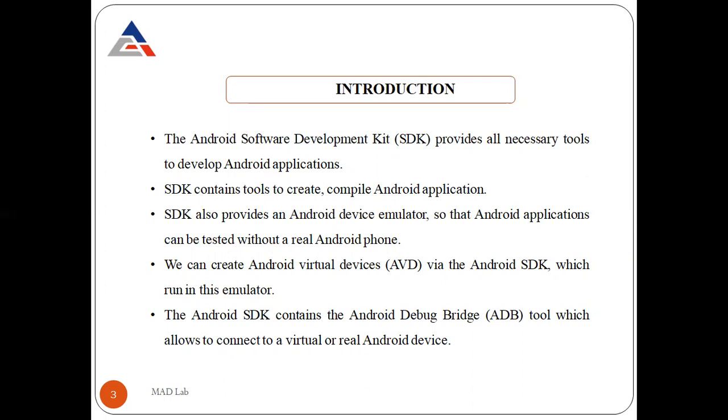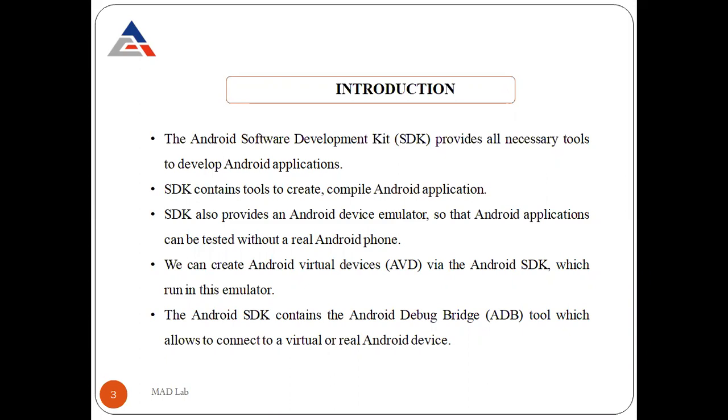So if we are designing a mobile application, definitely we have to run that application on a mobile phone. So instead of connecting your mobile phone with the computer or with your laptop, we use the emulators. Emulator acts as a virtual mobile: whenever you design, it displays and gives the output on a similar device such as a mobile phone, the same shape of the mobile phone appears on screen, and it gives the output that definitely looks like the output that you're getting on your mobile phone.